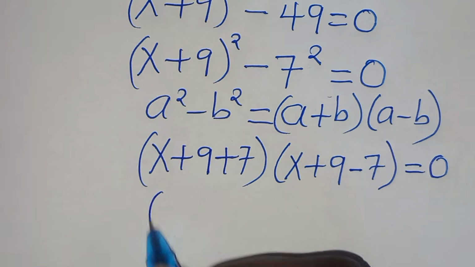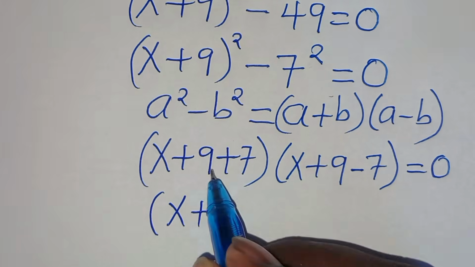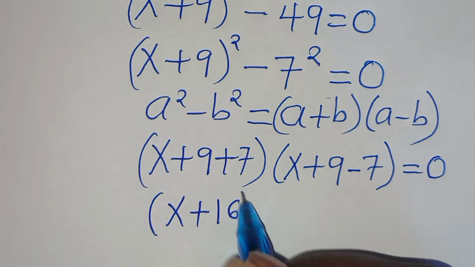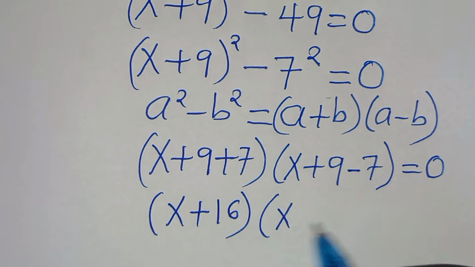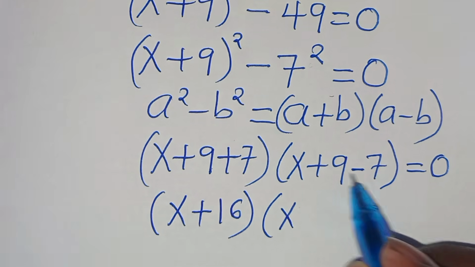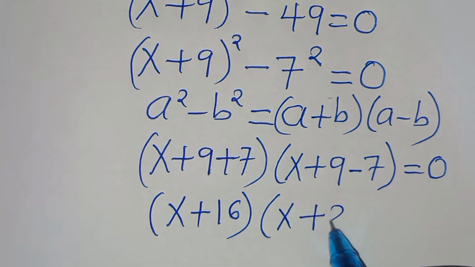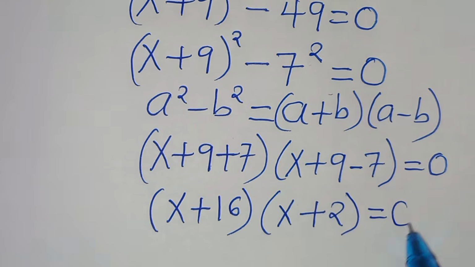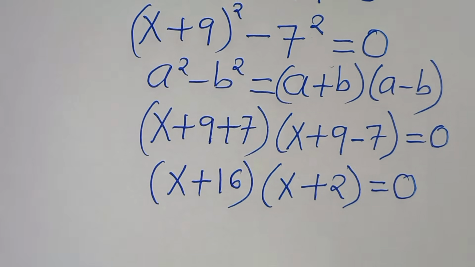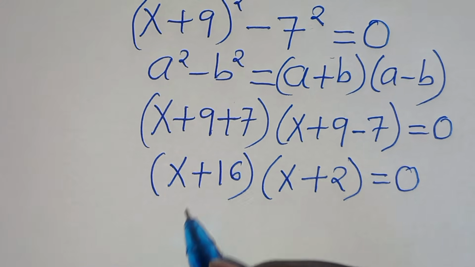Here we have x + 9 + 7, which is x + 16. Then x + 9 - 7 gives x + 2, and this is equal to 0.